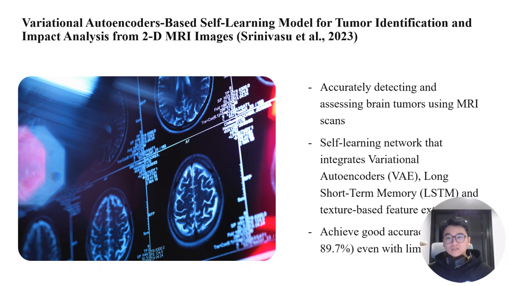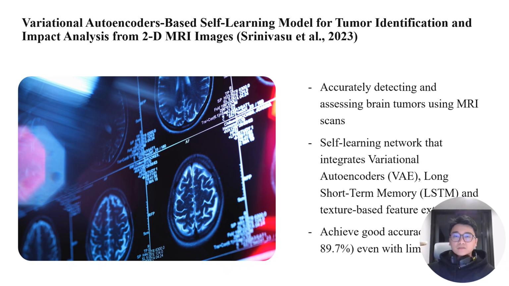Now, the chosen paper that is going to demonstrate all this research methodology and report writing is the variational autoencoders-based self-learning model for tumor identification and impact analysis from 2D MRI images.